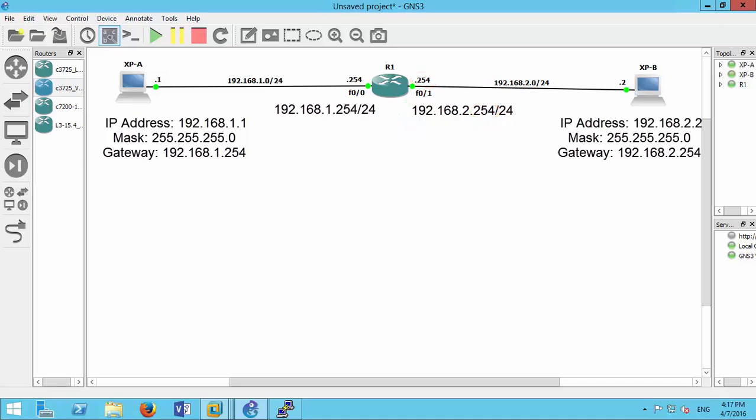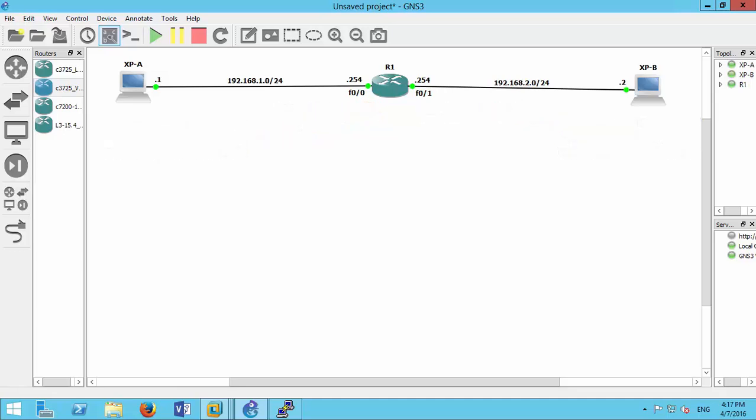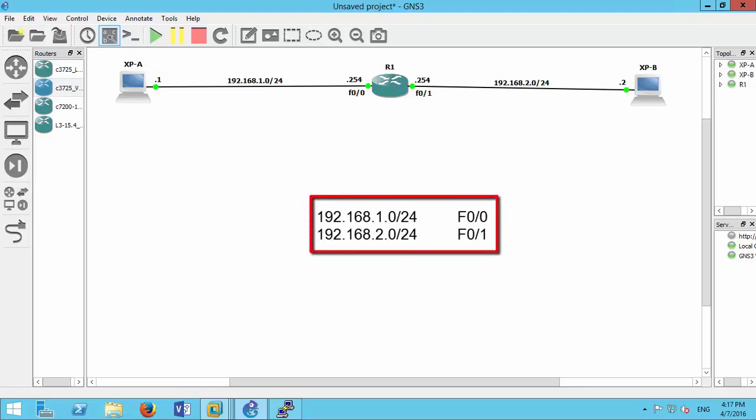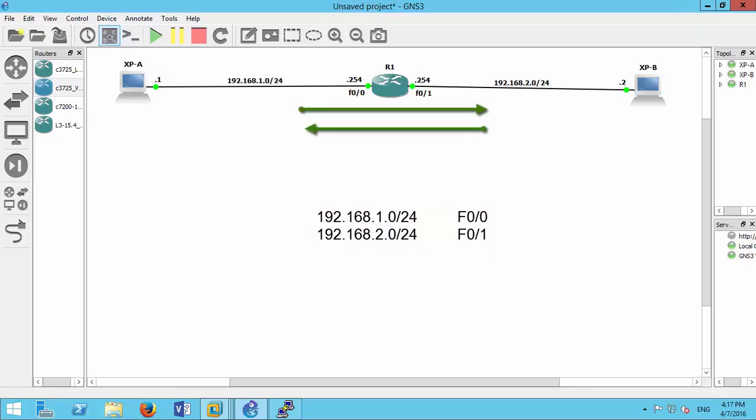And on both interfaces we will configure a subnet mask /24 with the IP address, which means that we will use the subnet mask 255.255.255.0. Once we configure our router's interfaces with IP addresses, it will store this information in its routing table, and by now the computers on the two networks could connect to each other.